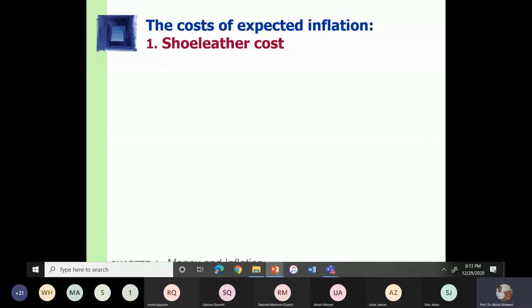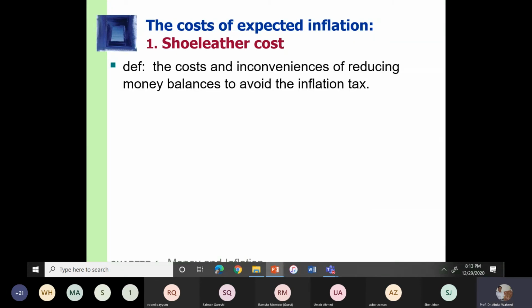There is a shoe leather cost of inflation. This is the cost and inconvenience of reducing money balances to avoid the inflation tax. When inflation increases, the nominal interest rate will increase and real money balances will decrease.